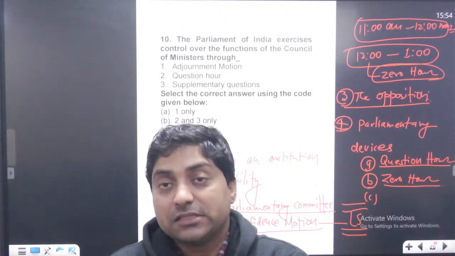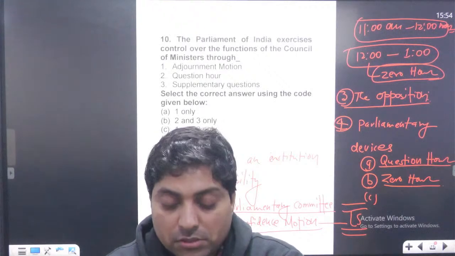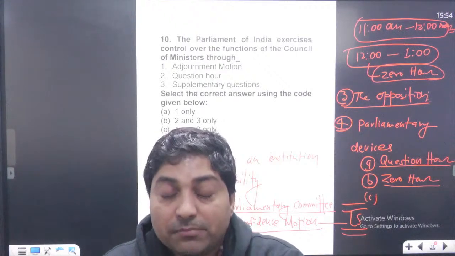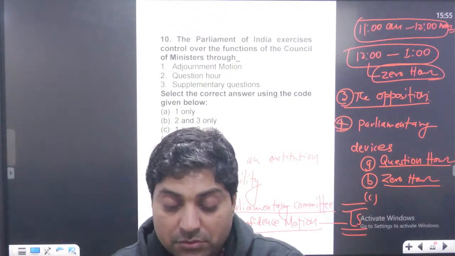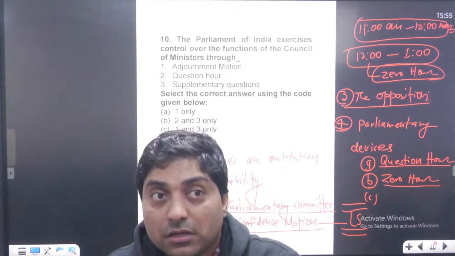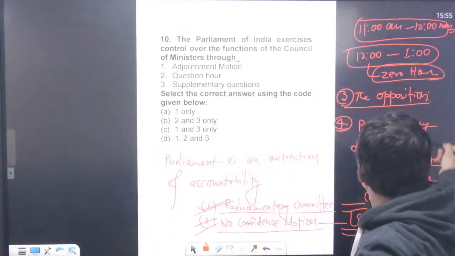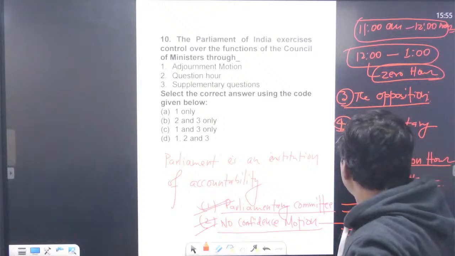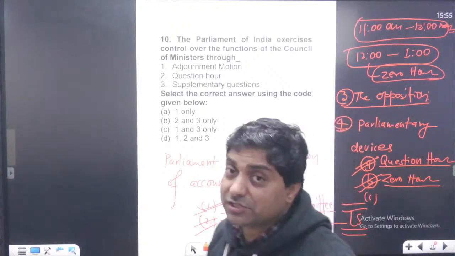So what happens in zero hour? The members of the parliament ask questions and the speaker or the ministers reply. The ministers actually respond. So it is the same as question hour, but there is a difference.